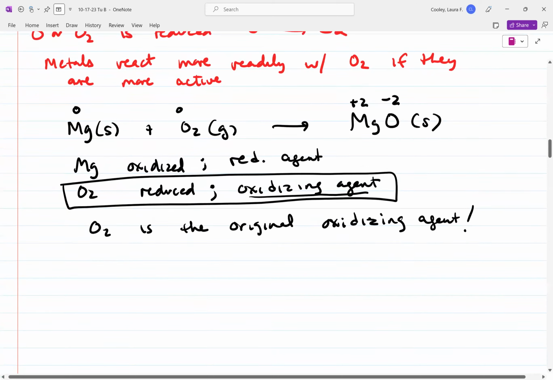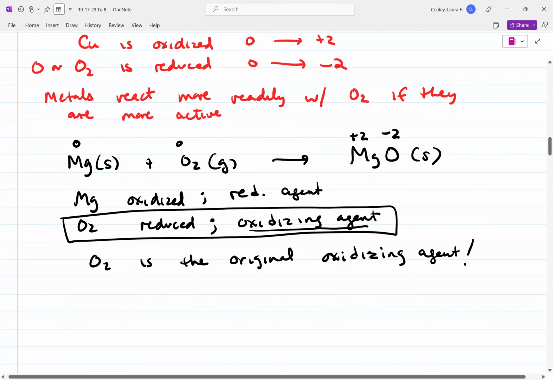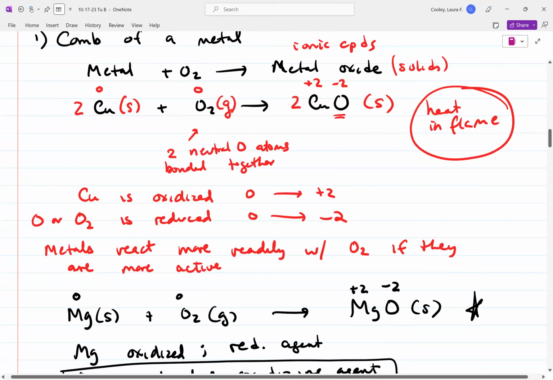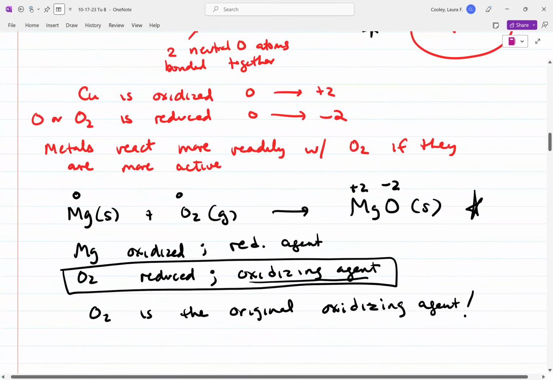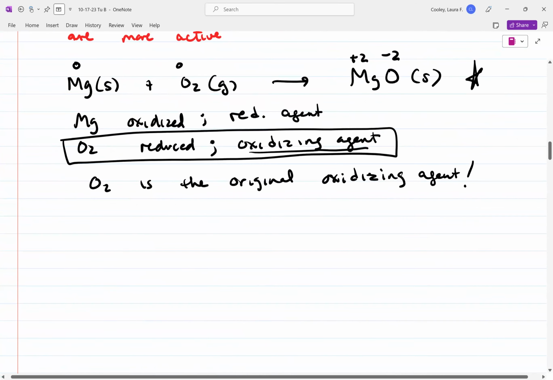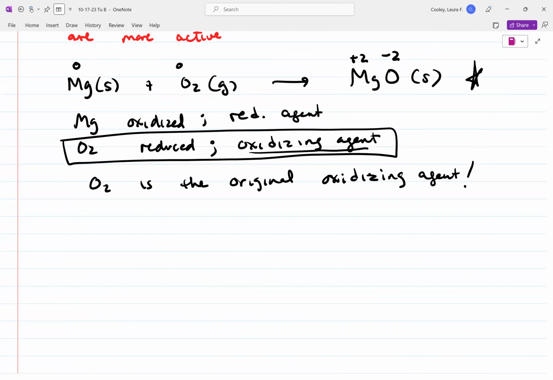What I wanted to say though, remember I said metals react more readily with oxygen if they are more active. So if you compare the magnesium oxidation to the copper oxidation, the magnesium oxidation is really dramatic. It's like a bright flame, and you can't even look at it. It's so bright. It gives off all this UV light. So the magnesium oxidation is way more enthusiastic than the copper. Copper just turns a dull black.